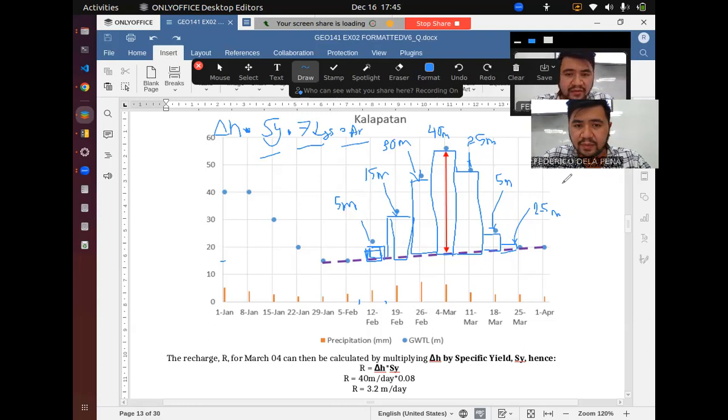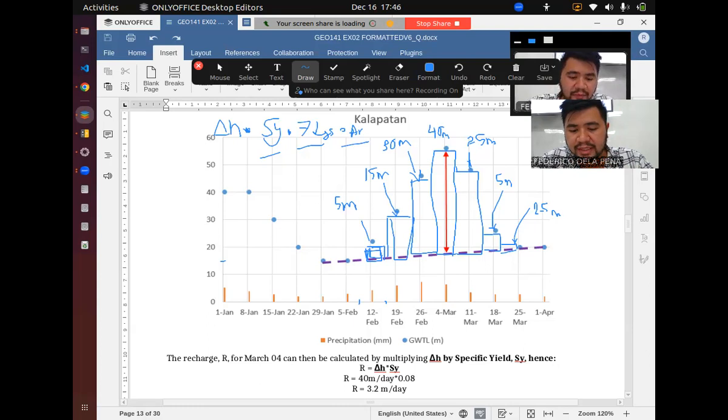Okay, so 5 plus 15 plus 30 plus 40 plus 25 plus 5 plus 25. You have a total of 145 fluctuation meters worth of fluctuation, no? And then just multiply it by your SY 0.08.